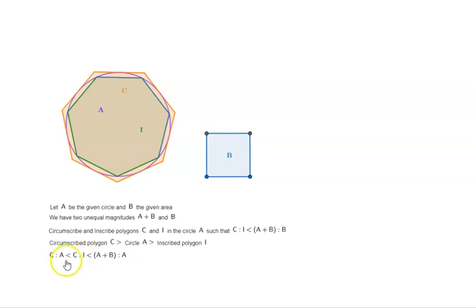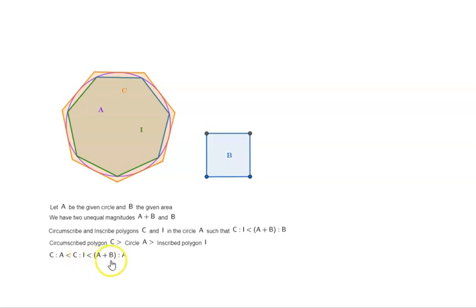So here I is less than A, or in other words, A is greater than I. So if the denominator is greater, that means the ratio is smaller.